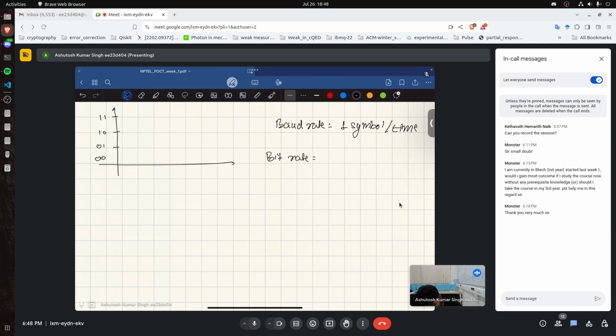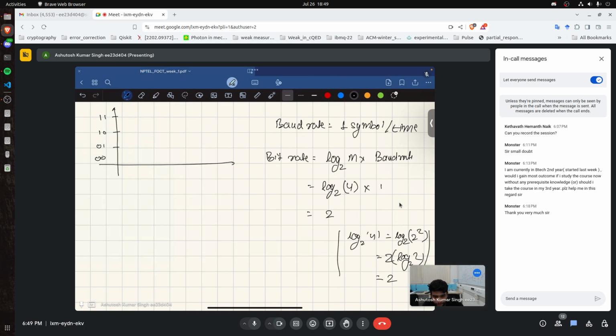My bit rate in this case is log with base 2 of m into baud rate. This is log base 2 of 4 into 1. So this would become 2, because log 2 of 4 is log 2 raised to power 2, so 2 comes out, and then you have log 2 base 2, which is just 1. Just a side note here.